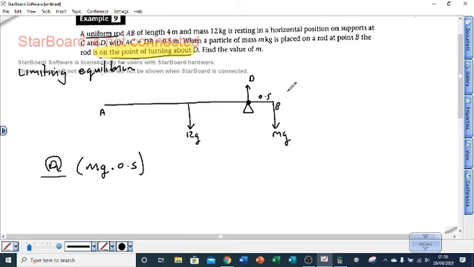And the other one is an anti-clockwise turn, so it's negative the force, which is 12g, multiplied by its distance. Now this is a 4 meter length, this is 2 meters here and 2 meters here. So if this is 0.5, it means that is 1.5. And we know it's in equilibrium. Even though it's in limiting equilibrium, it is still equilibrium, so we know it's not turning, so it is still 0.